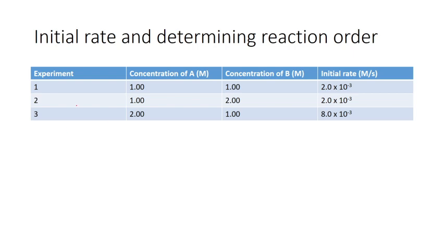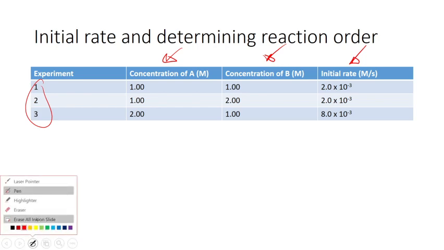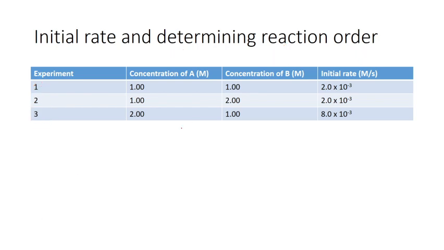Now, if we are looking at our initial rate and using it to determine a reaction order, we will have done some experiments, in this case 3 experiments. We will have information about the concentrations of A and B that were used, and a measurement of our initial rate based on some experimental data. Now, if we look here, we can notice some things.